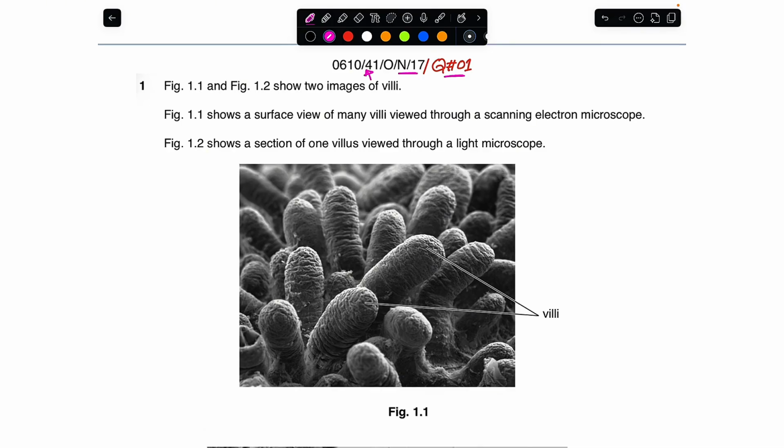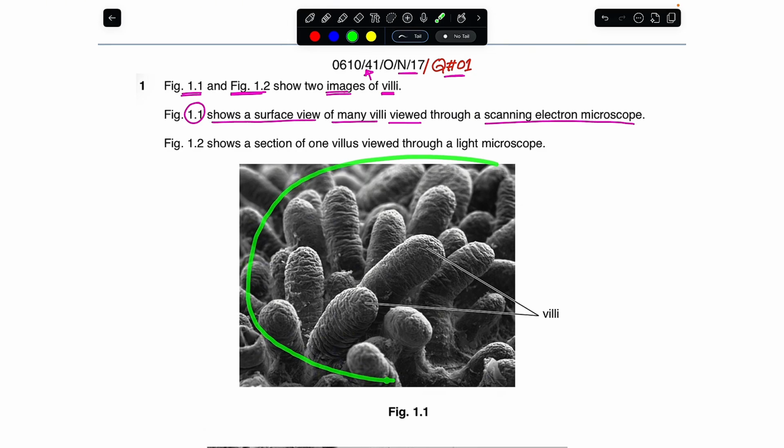They show you figure 1.1 and figure 1.2, the two images of the villi. Figure 1.1 shows the surface view of many villi viewed through the scanning electron microscope.